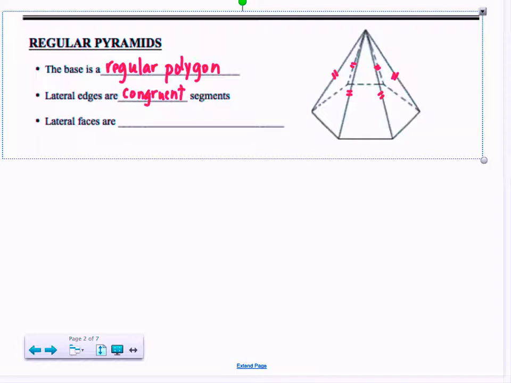No longer is it just any old triangle. It is, you're right, it is an isosceles triangle. You guys are so good. You must have read ahead.